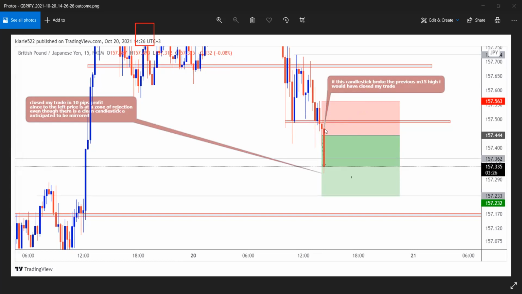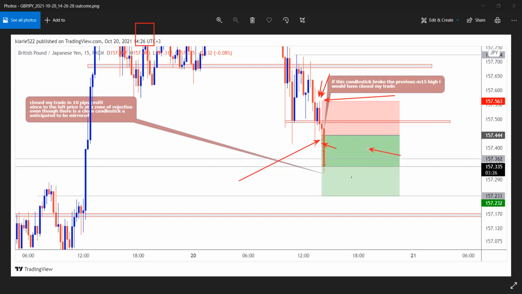So this is the candlestick that I took entries on. This is the 2 p.m. M15, but it closed a weak bearish candlestick. Since my stop loss was above the upper jaw, I gave this trade some time to see how price would form.